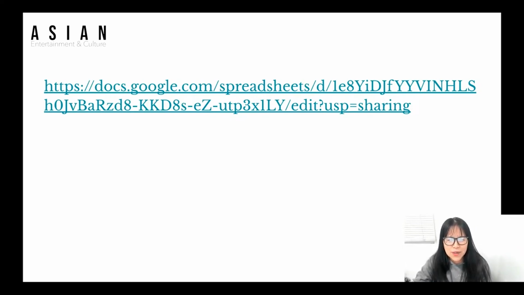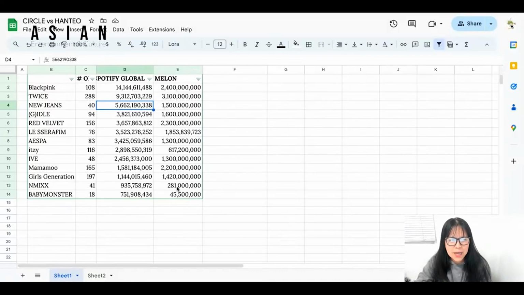Okay, so another chart that I thought was very interesting was this one. So this is girl groups primarily, and I was going to do the boy bands, but it's just going to be BTS, BTS, BTS.